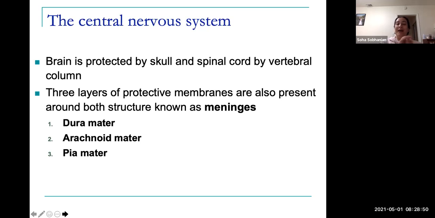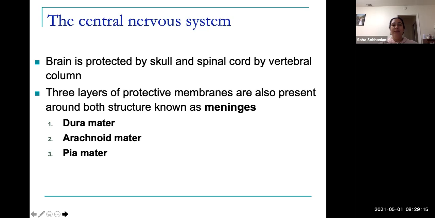I think San Diego was one of them, and Berkeley was the other, where a number of students were infected by meningitis in the dorm rooms. Meningitis is basically inflammation of the protective membranes surrounding your central nervous system called meninges.